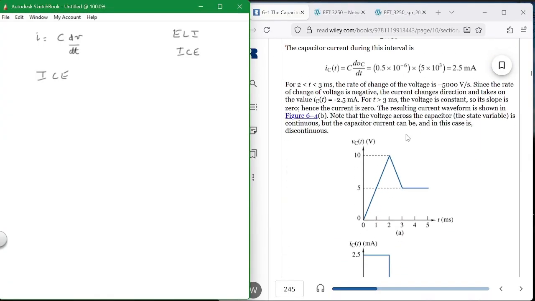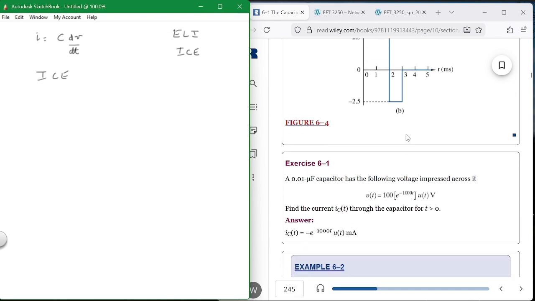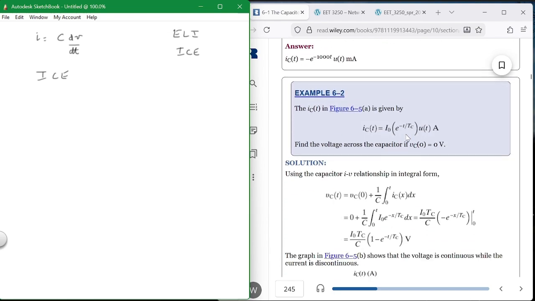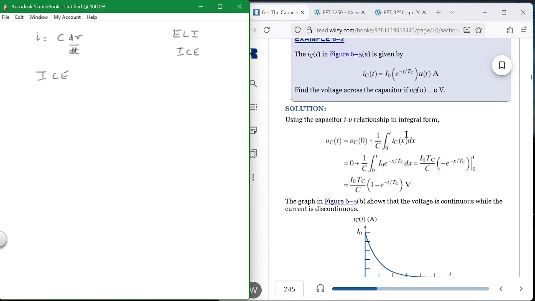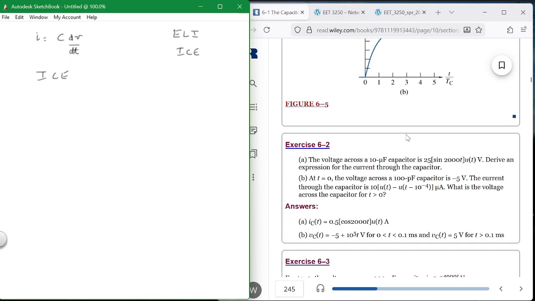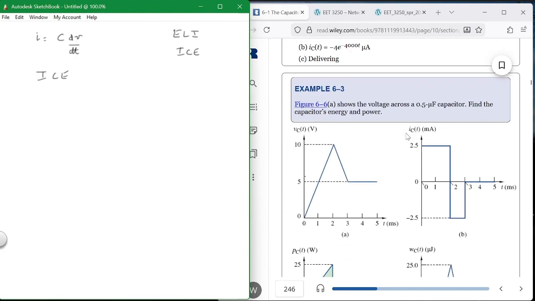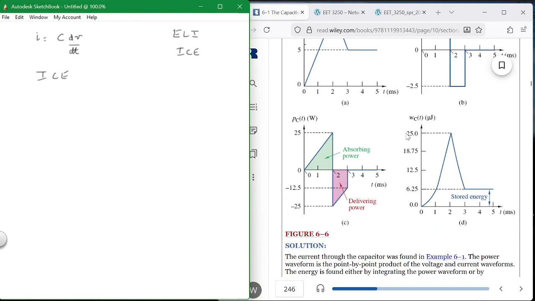Again, these questions are interesting. I'm just going to go straight through them. And then we're going to get to the inductor.